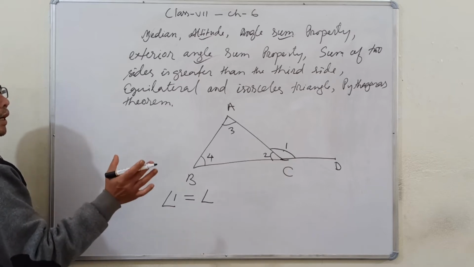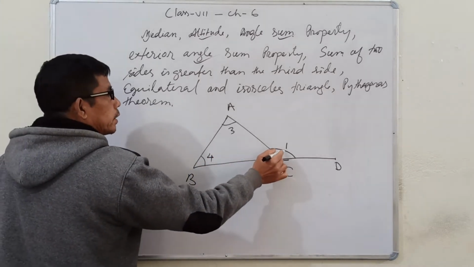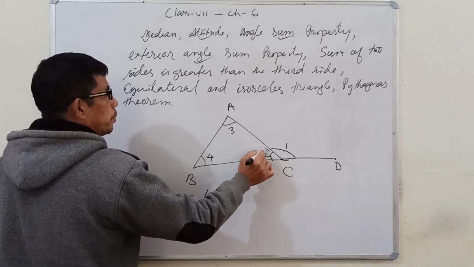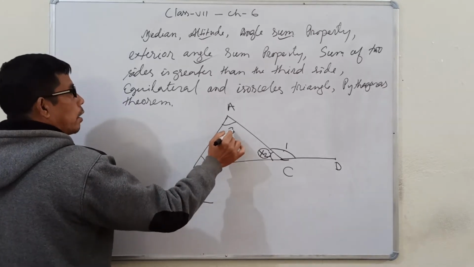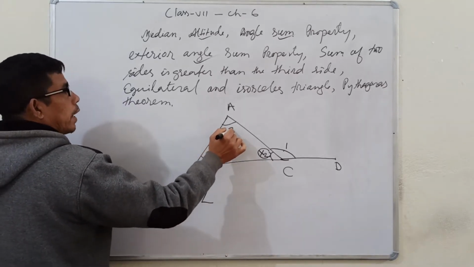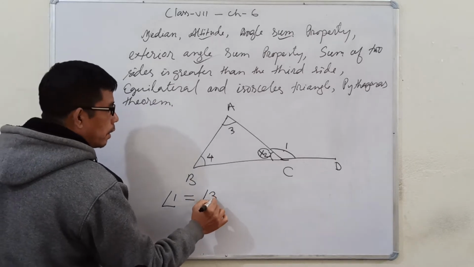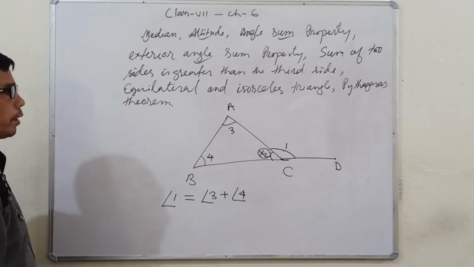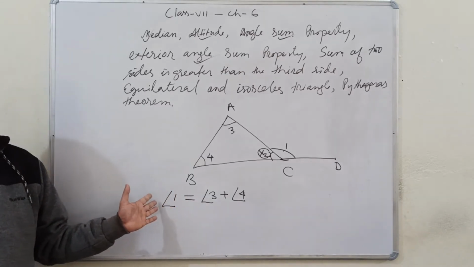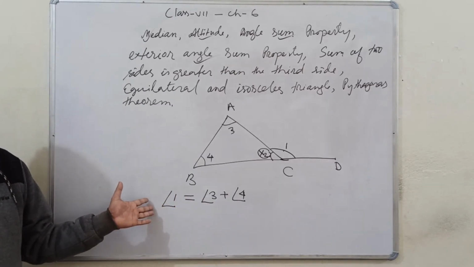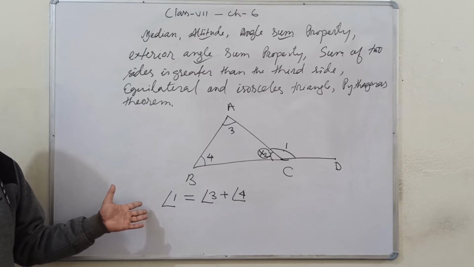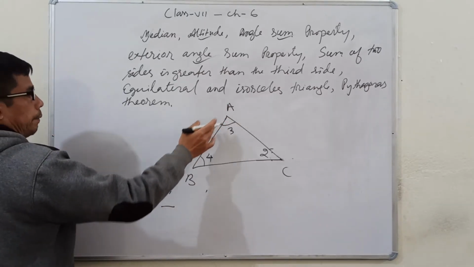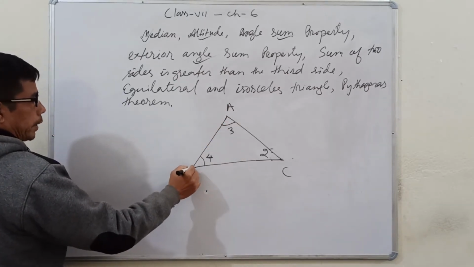Without this one, remaining these two are known as the interior opposite angle. So angle 3 plus angle 4. So this is known as the exterior angle sum property of triangle. This can be used in finding some unknown angles in a triangle. If we extend AB, AB also can be extended.